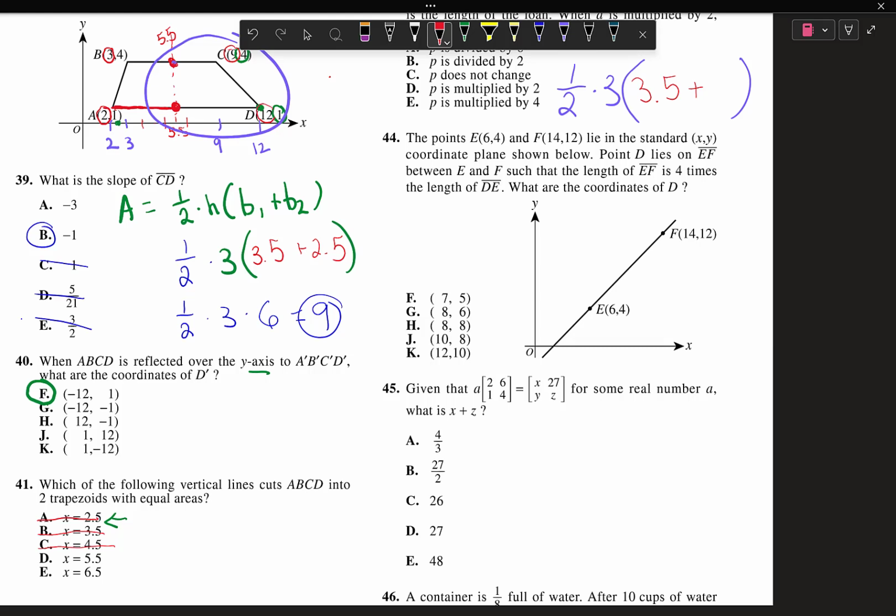Down here at the bottom, the base is the distance between 12 and 5.5. 12 minus 5.5 is 6.5. So this is 1/2 times 3 times 10, which equals 15. So those do not match. So it would not be D. Process of elimination, it has to be E.